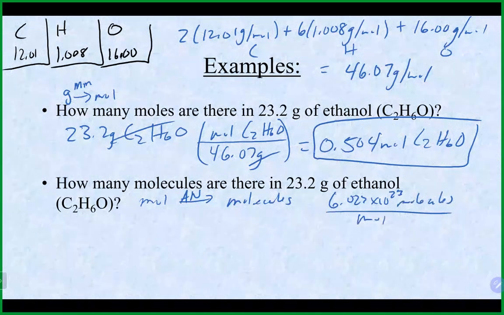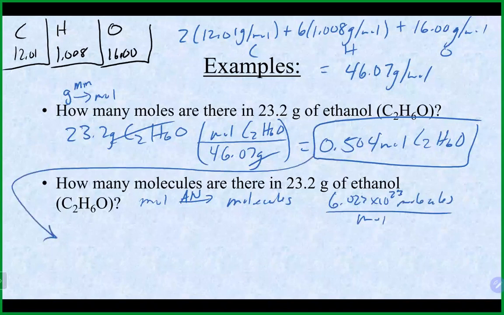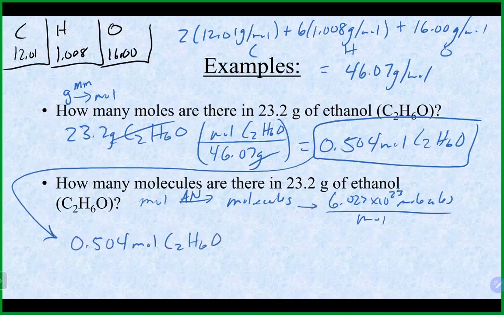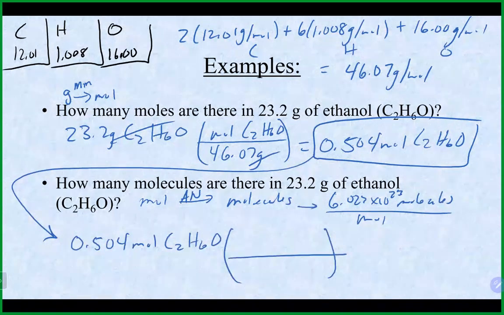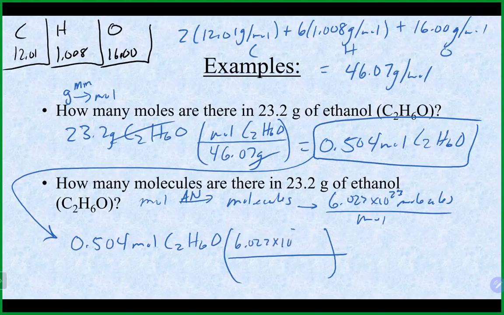So we'll continue on here with the number that we got, which is basically what we would have to do first if we were doing this problem from scratch. So this is our moles of C2H6O. In this case, we could use it just the way it is there, and Avogadro's number is going to give us 6.022 times 10 to the 23 molecules per mole.